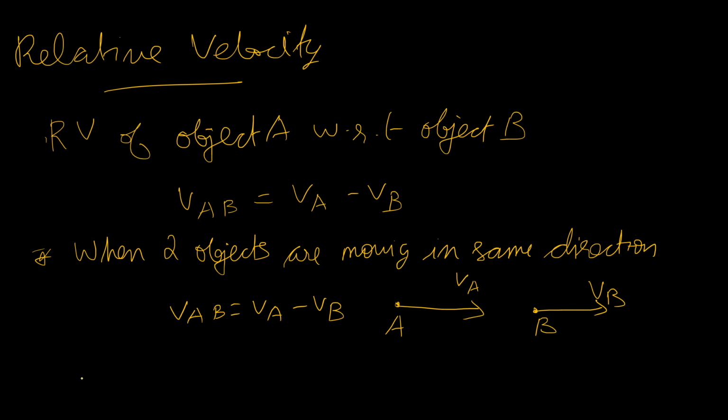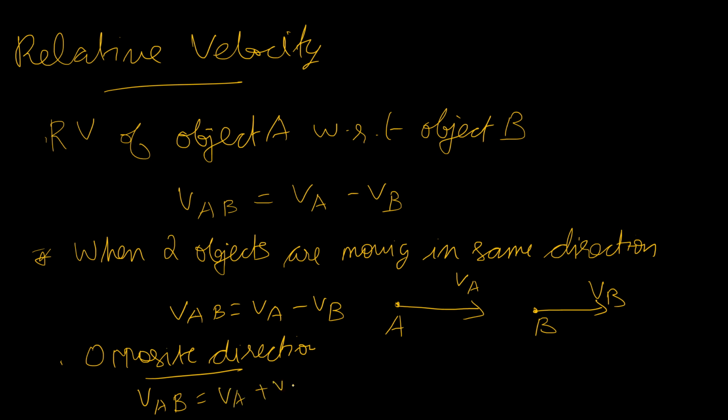Now let us know the equation for the opposite direction. Always remember, VAB, if it is given in a question, means relative velocity, that is, the relative velocity of object A with respect to object B. VAB is given as VA plus VB.